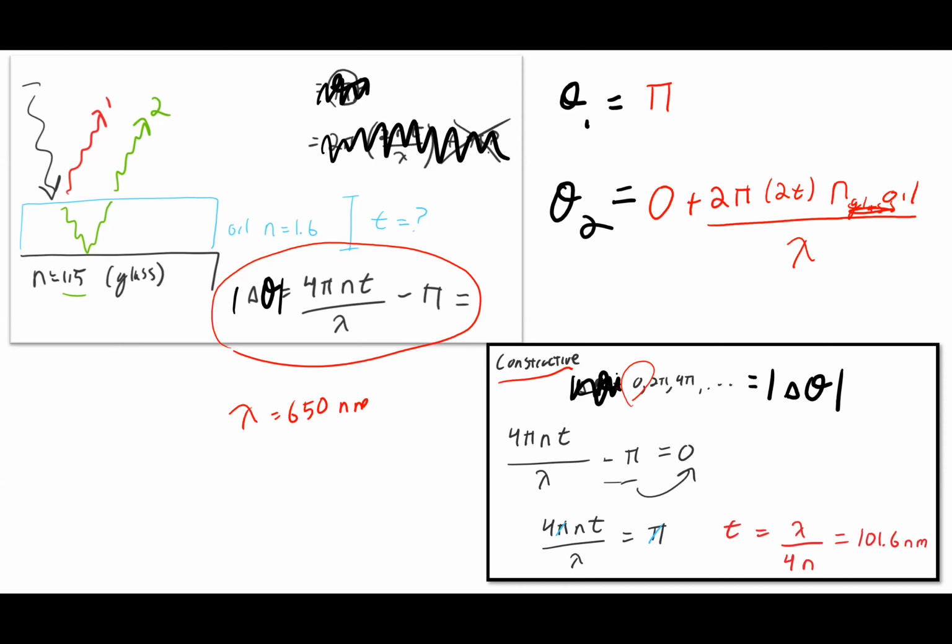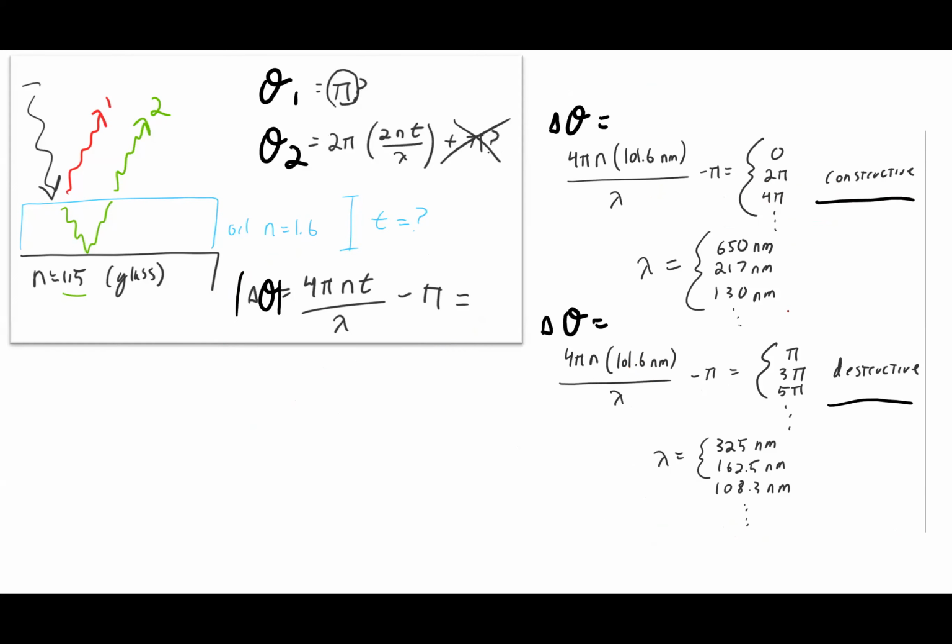And if I plug in a phase difference of 0, that gives me a thickness of 101.6 nanometers in this expression. Once I know the thickness of the film, I could find other wavelengths that come back bright or come back dark. All I have to do is plug in for thickness and set the phase equal to some even multiple of pi for constructive interference or an odd multiple of pi for destructive interference.